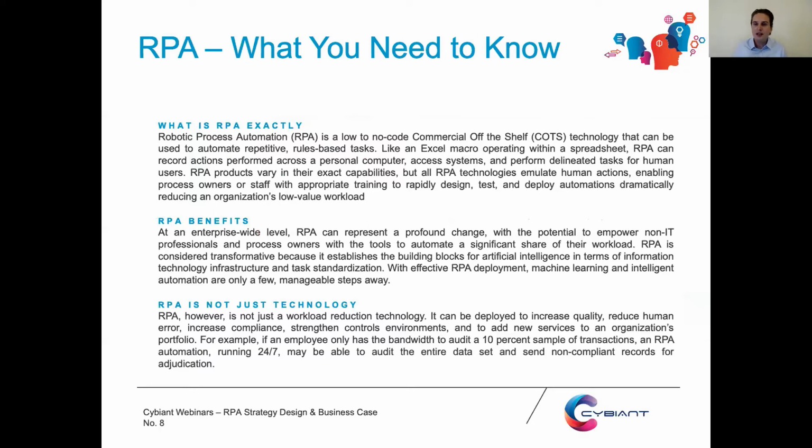So some very quick things that I always like to share before we get into defining a strategy. RPA is typically referred to as no-code commercial off-the-shelf technology. Why is this important? Well, it is important because you need to realize that you don't need to be a very advanced type of programmer in order to operate this.